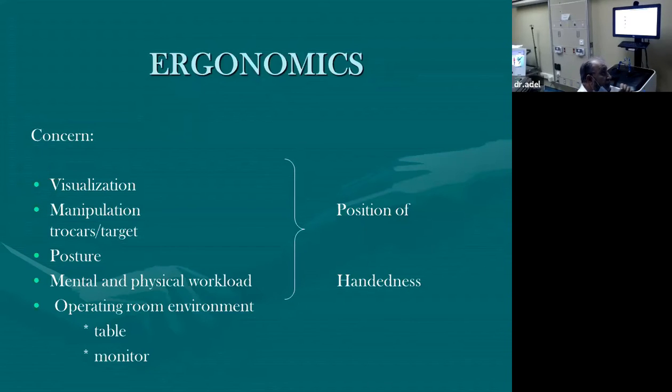We need to have a good visualization, the light in the room, manipulation of the instrument around us, trocar, target, bed, patient, the posture itself. Mental and physical workload also should be in a nice way. And the operation room, talking about table and monitor and the gas insufflator, the camera, everything should go in a smooth way.